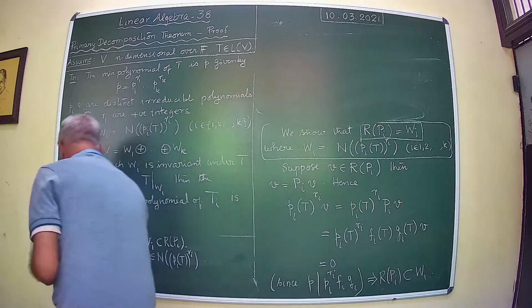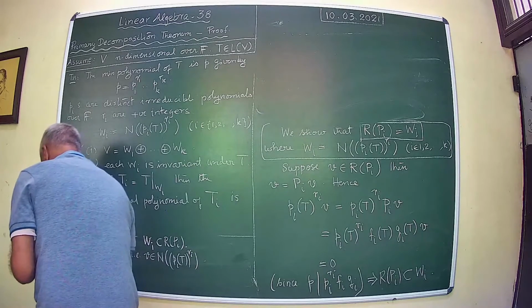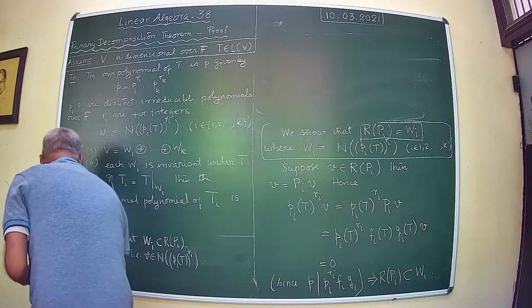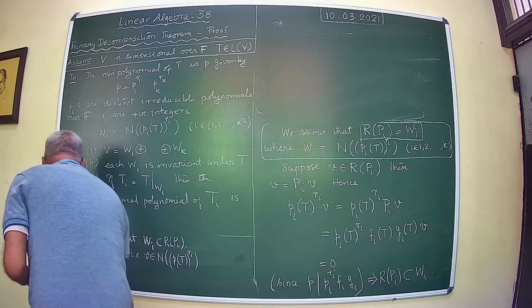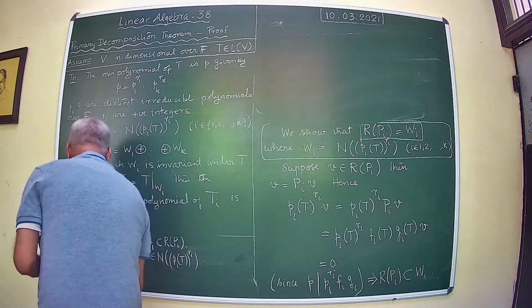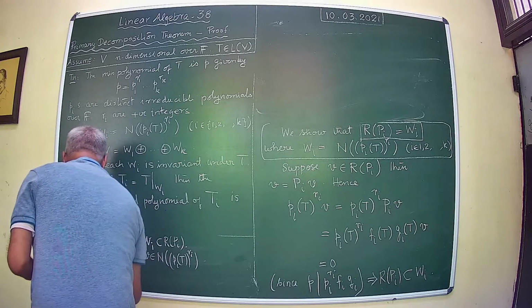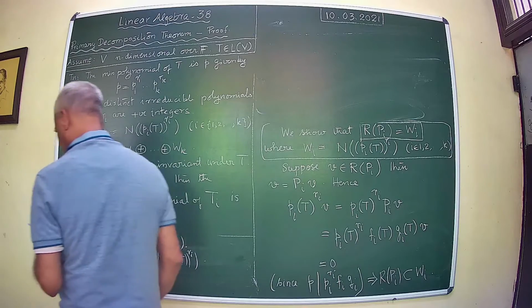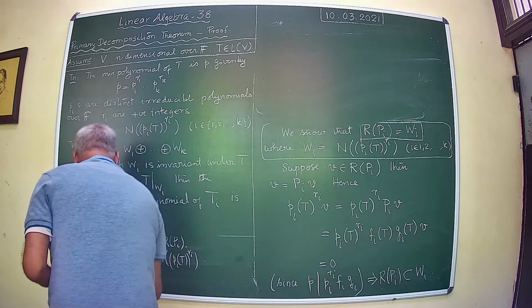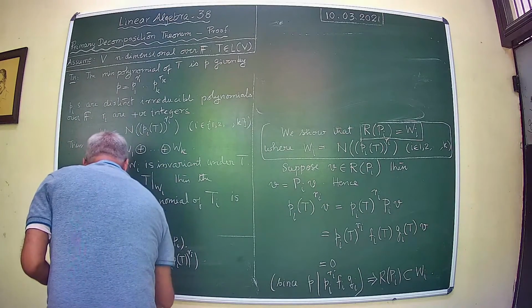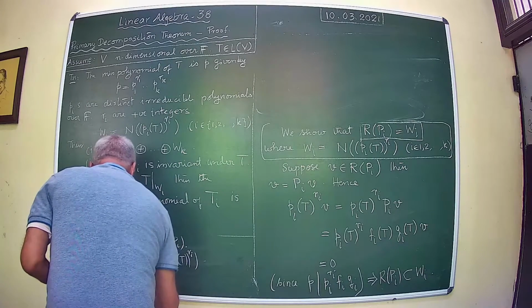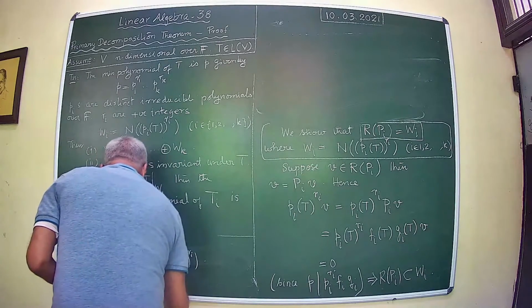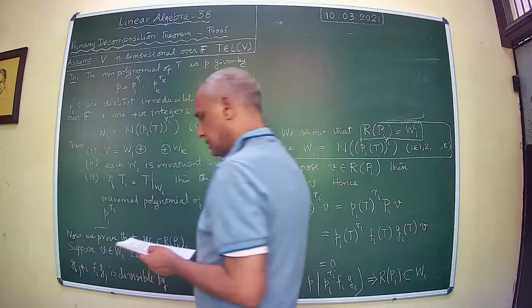If i is not equal to j, then we have Fj Gj is divisible by Pi.